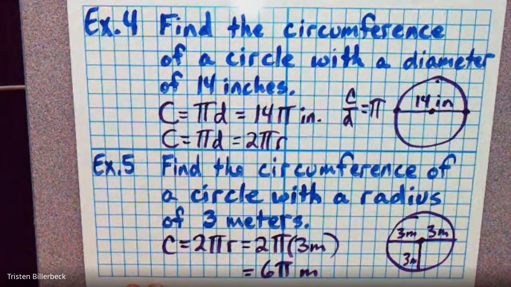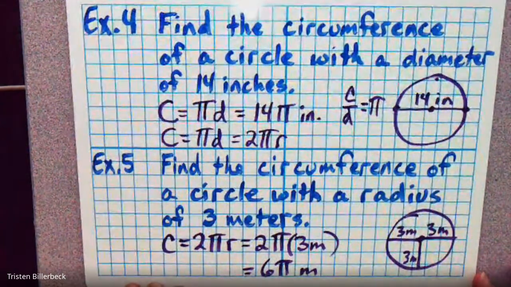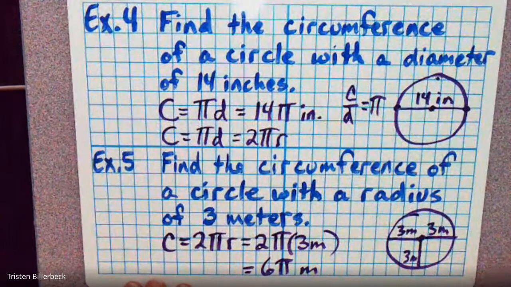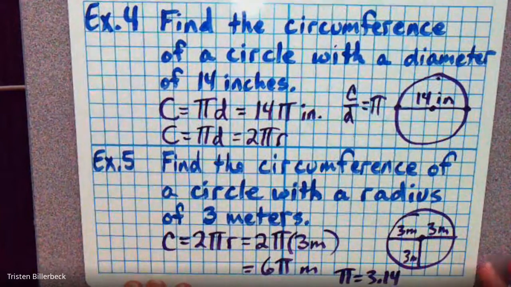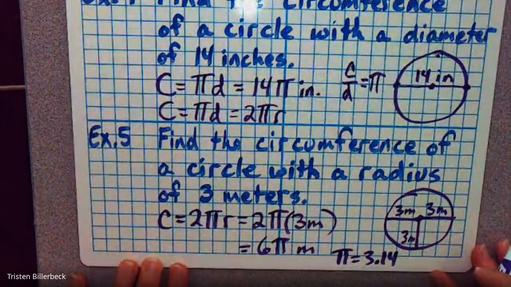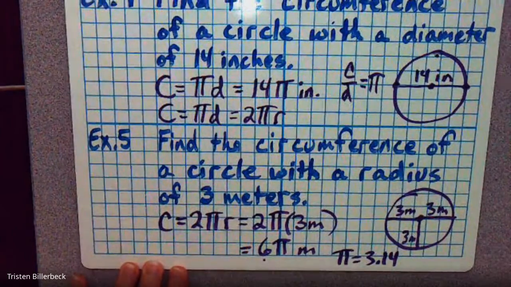Okay? Now I'm not multiplying pi right now. All right? I could, but I'm just trying to teach you circumference right now. So if you were to do pi, usually we use pi equals 3.14. And we would just stop with 3.14 when we're using that to multiply. All right.